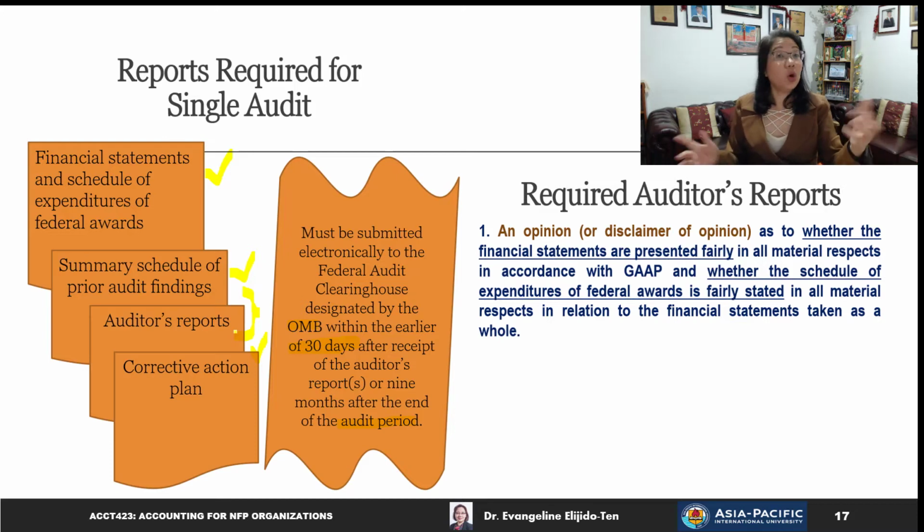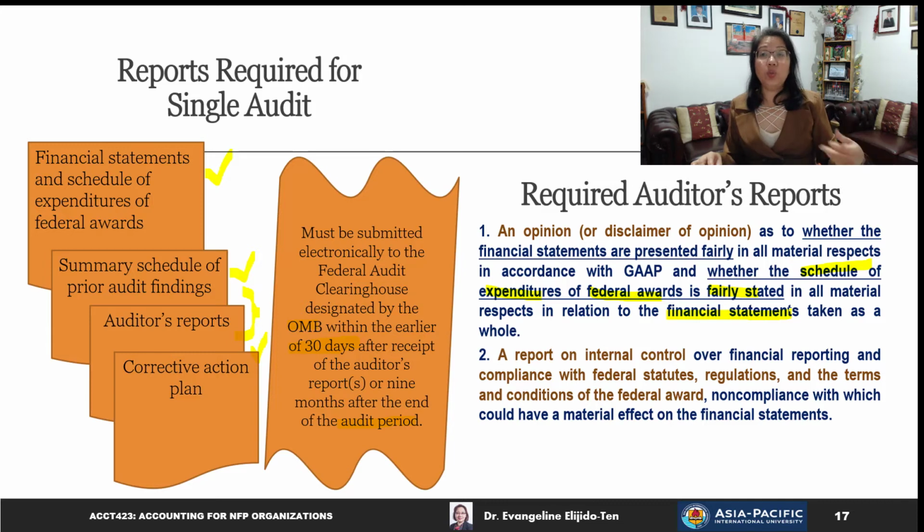Firstly, an opinion or a disclaimer of opinion as to whether the financial statements are presented fairly. That is, in all material respects, they are presented in accordance with the generally accepted accounting principles, and whether the schedule of expenditures of federal awards is also fairly stated, in all material respects, in relation to the financial statements taken as a whole.